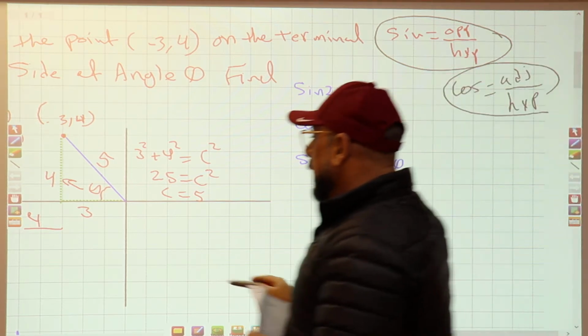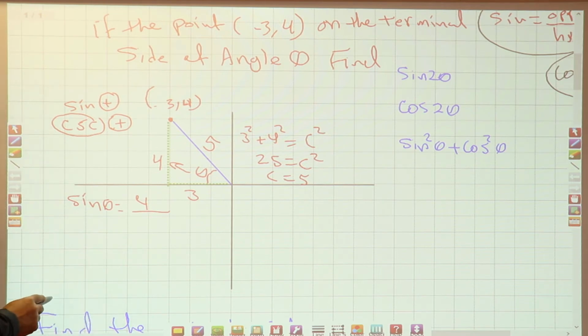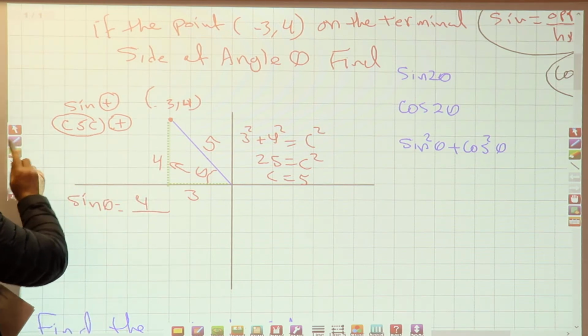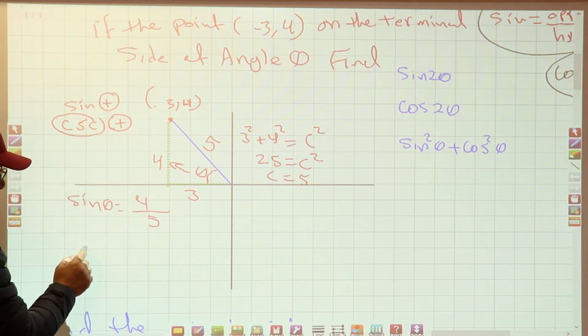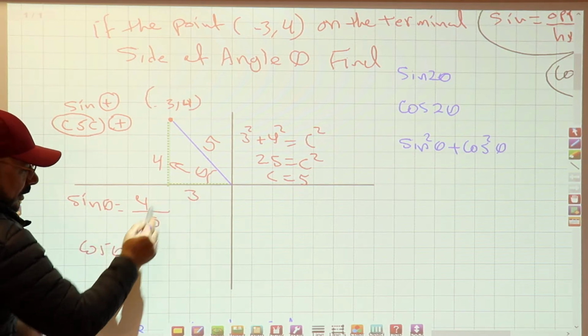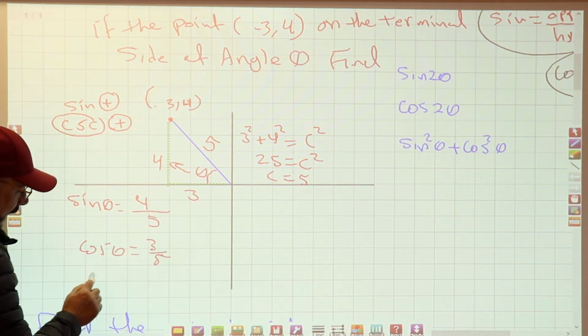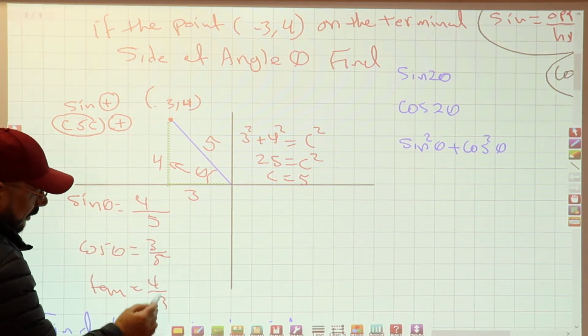Tan is opposite over adjacent. Then sine is 4 over 5. Cosine, go ahead guys, adjacent 3 over 5. Tan is 4 over 3.